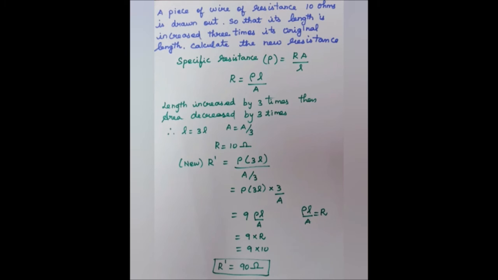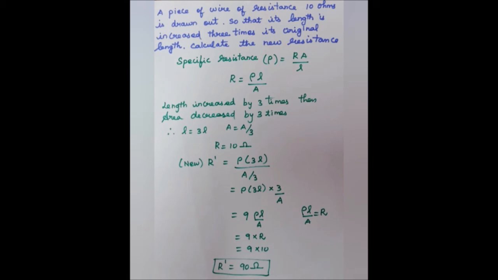If length is increased by 3 times, then area decreases by 3 times, because length and area are inversely proportional. Therefore, L becomes 3L, because it is increased by 3 times. A becomes A by 3, because it is decreased by 3 times.